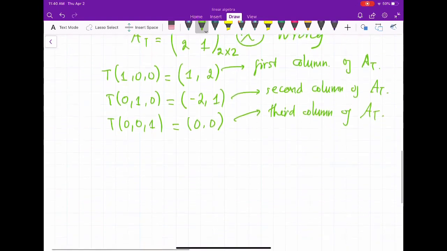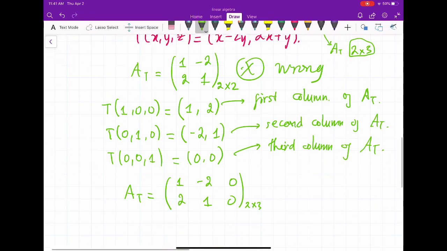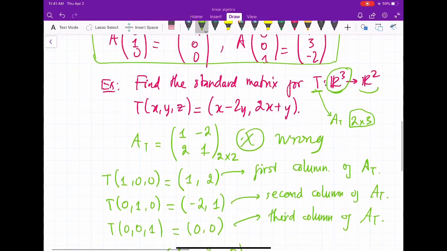From this, I will get A_T with rows 1, negative 2, 0 and 2, 1, 0, columns (1, 2), (negative 2, 1), and (0, 0). So we have a 2 by 3 matrix. And actually in this situation, A_T is the representation of T with respect to the standard basis, or we say that is the standard matrix of this linear transformation. Okay?